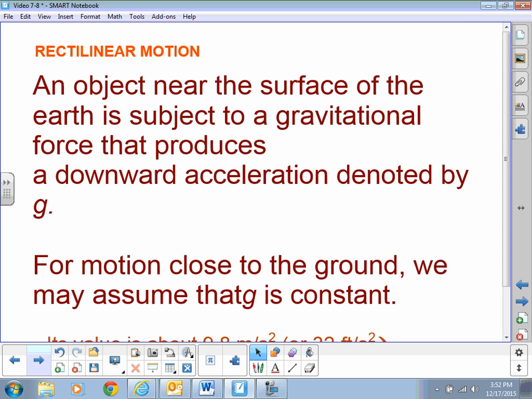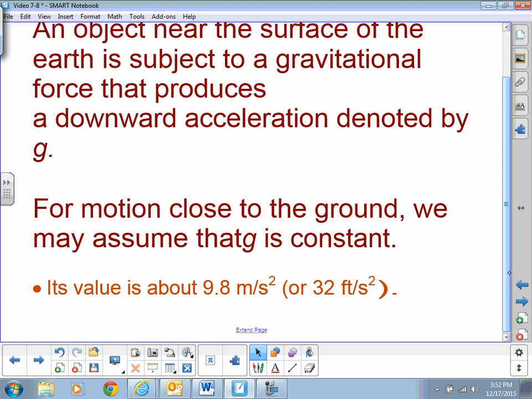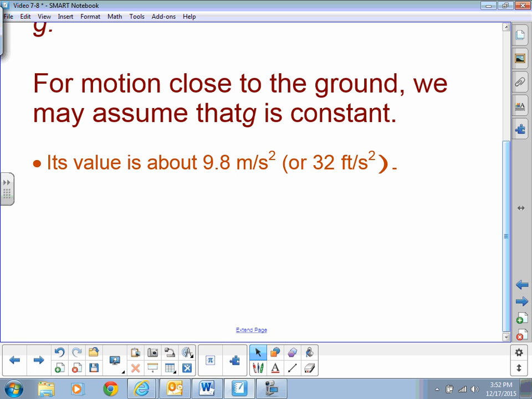So many of you have seen things like this in physics, but if you have an object that's near the surface of the Earth, it is affected by gravity. The force of gravity is either 9.8 meters per second squared if you're working with metric, or if you're working with the English system, 32 feet per second squared.